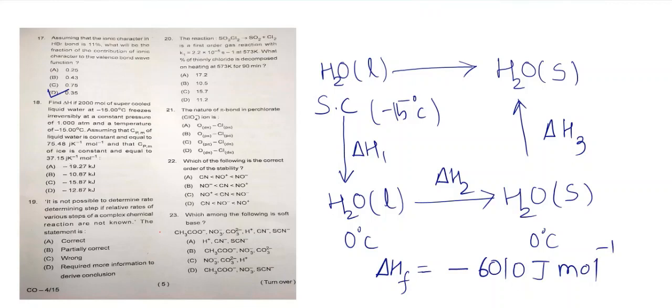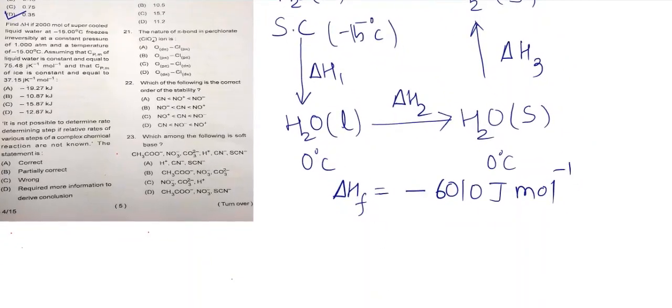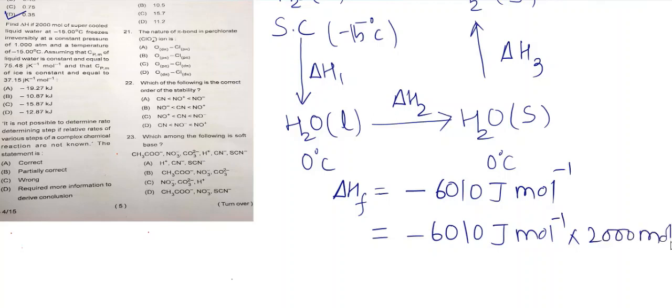The question is about 2000 mole. So what will it be for 2000 mole? I will multiply it by 2000 mole. Then mole cancels out. I will not calculate here, we will calculate all the values at a time.